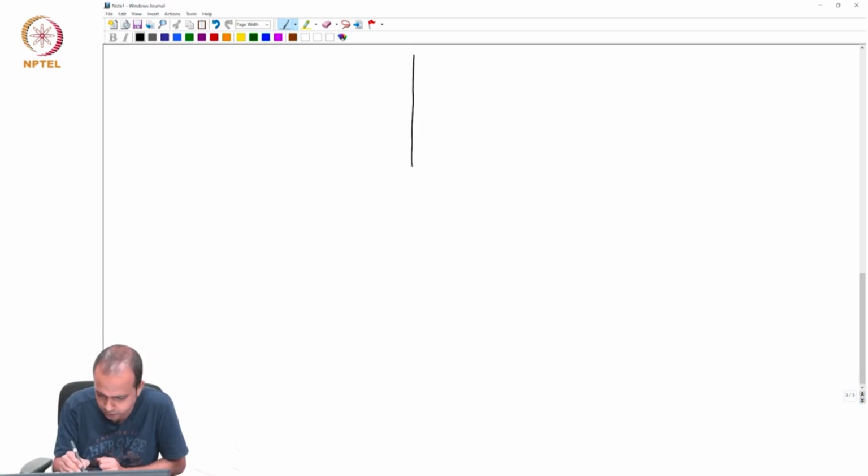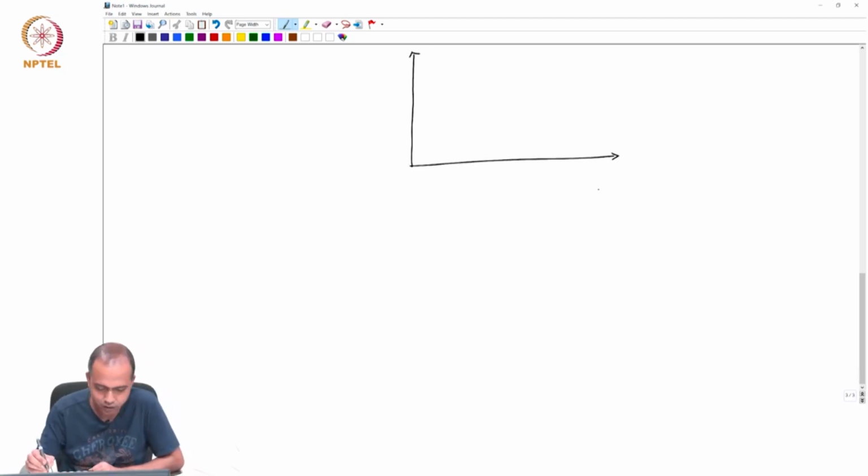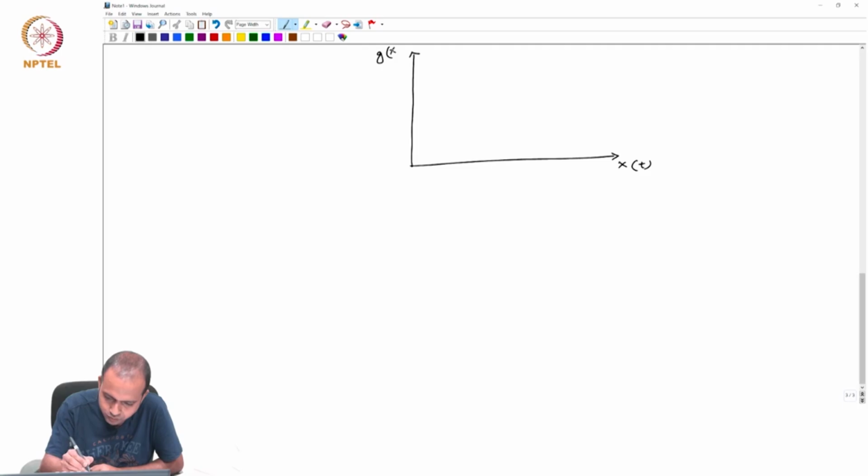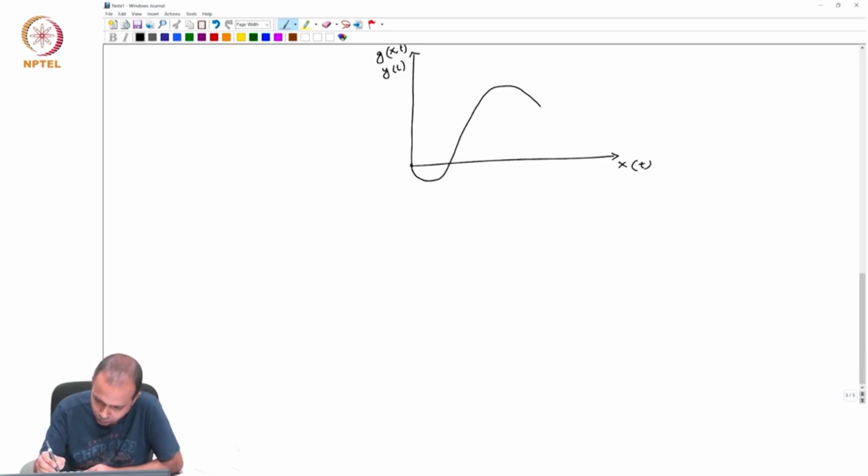This was our diagram. On the x axis, what are we measuring? We are measuring stock, and on the y axis we are measuring growth, which is a function of x and t, and also the rate of extraction, and then this was our growth path. Okay. This is x c, this we call x minimum.